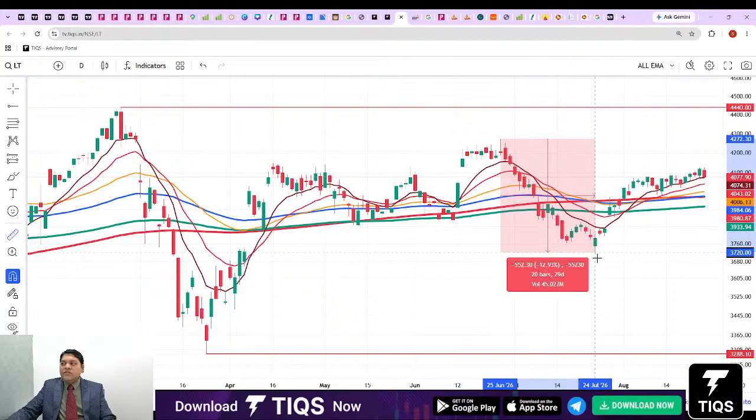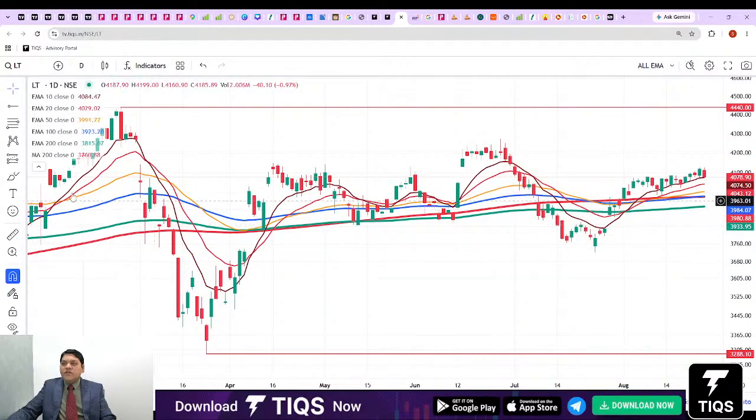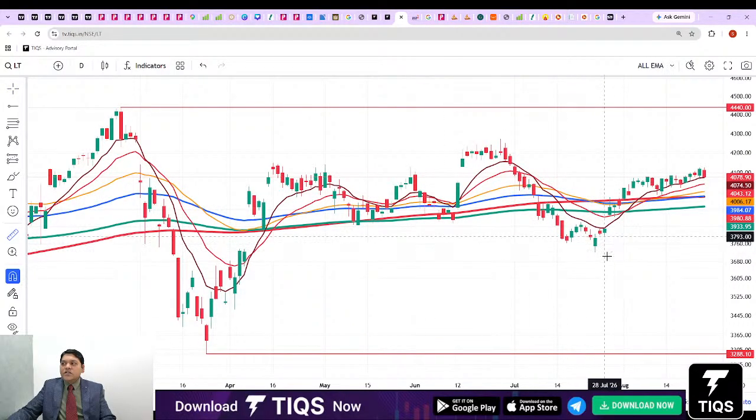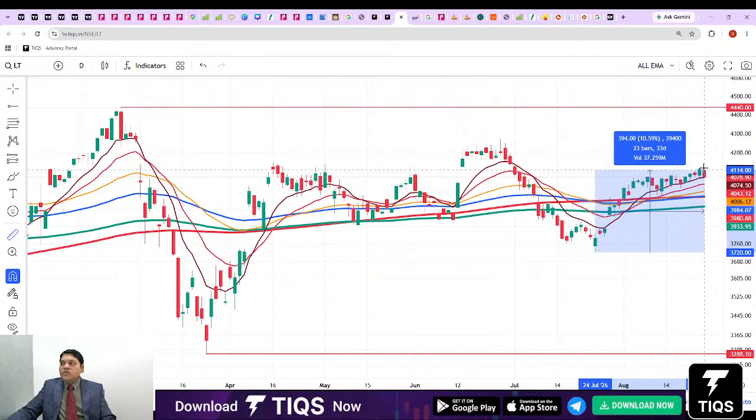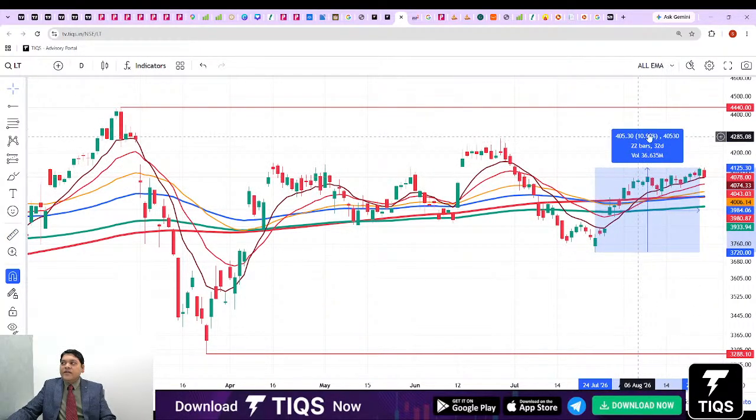From this high to this low, it went more down. It was almost 13% down. Again from this structural low till yesterday's high, we went 10.90% down.